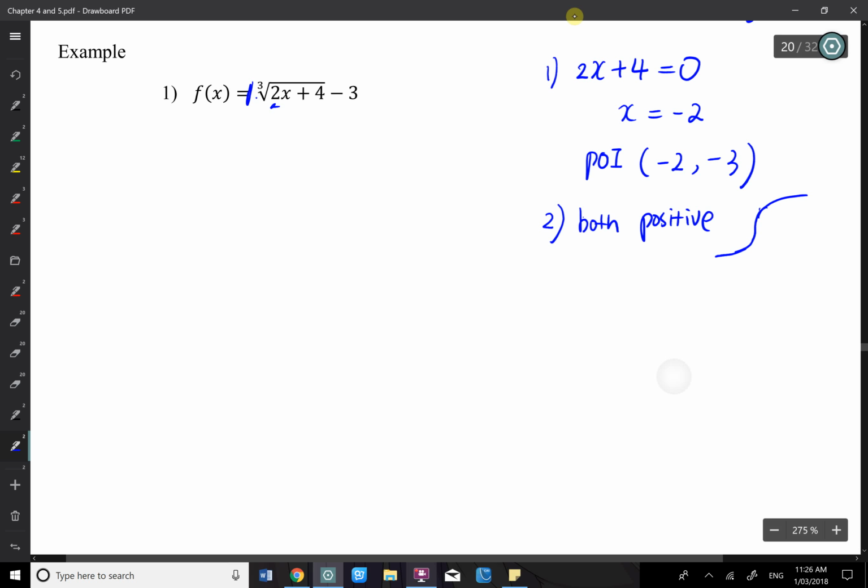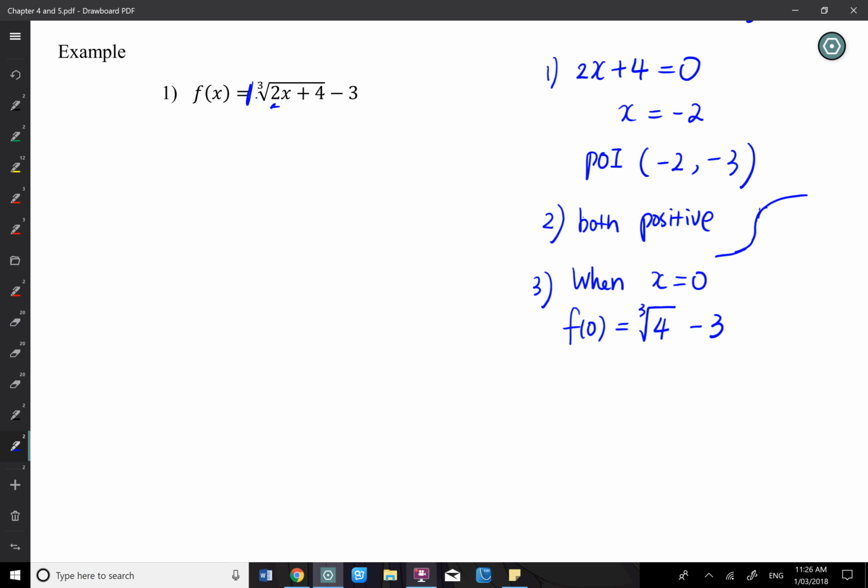Number 3. When x equals 0, f(0) equals cube root 4 minus 3. Just a question here: is that a positive or negative number?